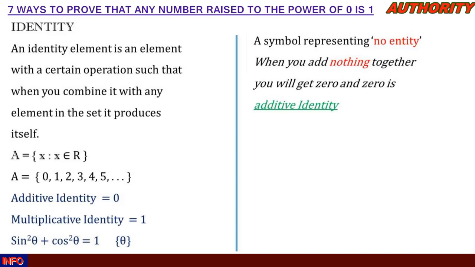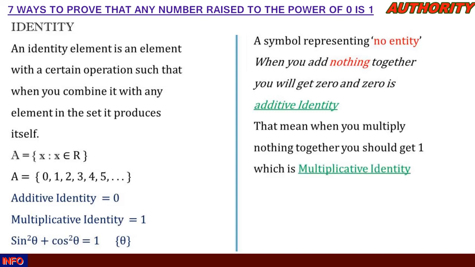So if when you add nothing together you get additive identity, that is to say, when you multiply nothing together, you are also going to get multiplicative identity. And I told you that 0 times 0 is different from nothing times nothing. You understand what I'm trying to say? Please, it is a simple logic.